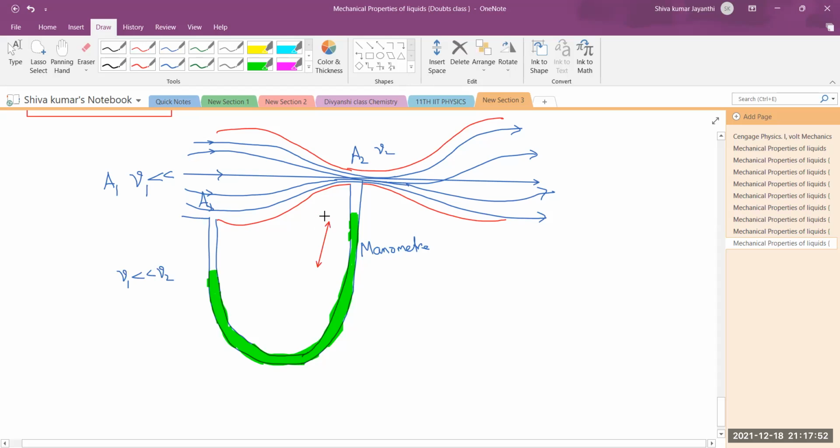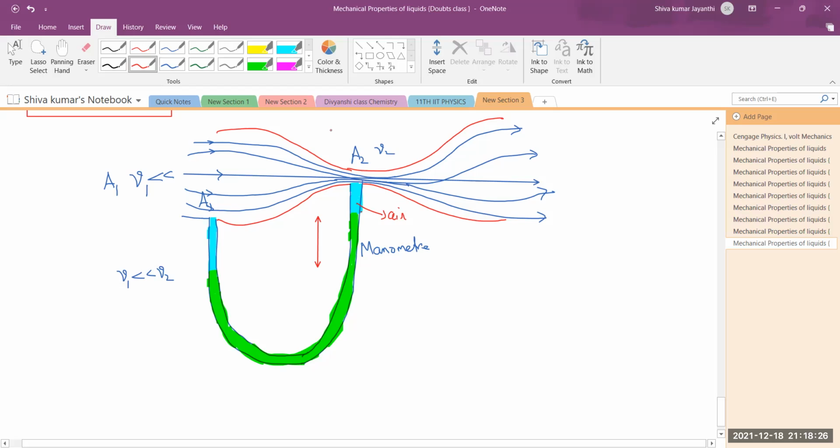This is the fluid. This is air. Can you see? This is not fluid. Green is the fluid. This blue thing is air. Because of the pressure difference, this is happening. So there will be a height difference. You can very clearly see the difference of heights.